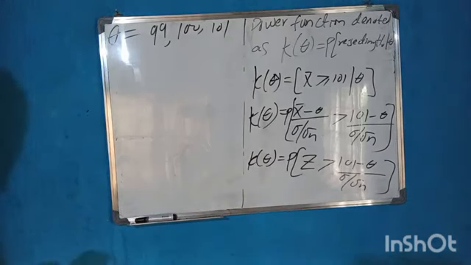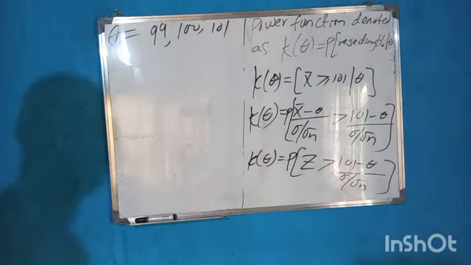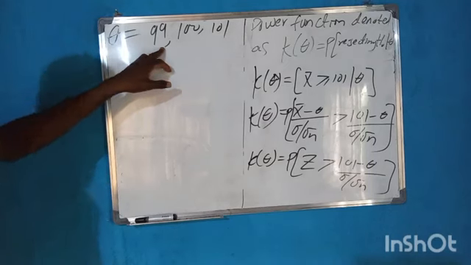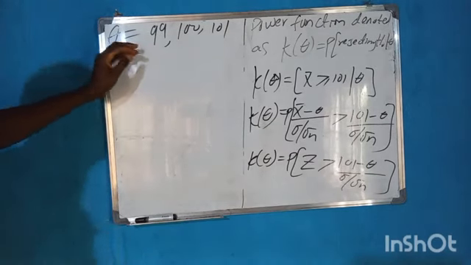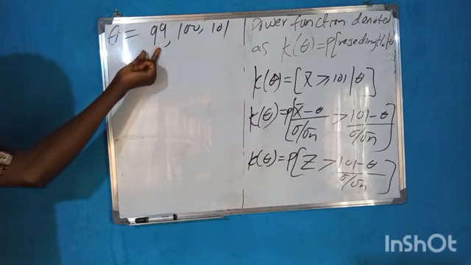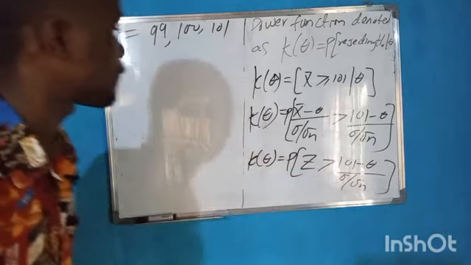For you to obtain the power at each of these parameter points, you will be substituting the value of theta in this power function.